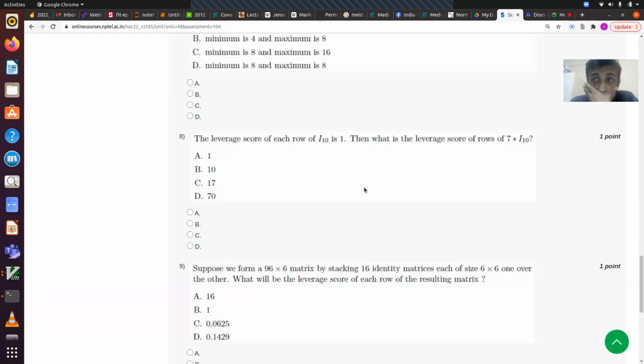Sir, I think probability of 1 upon probability into something, some formula was there. Sir was saying in the video lecture. Yes, so you have to normalize it.